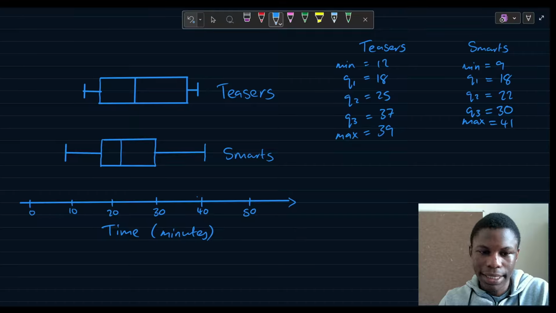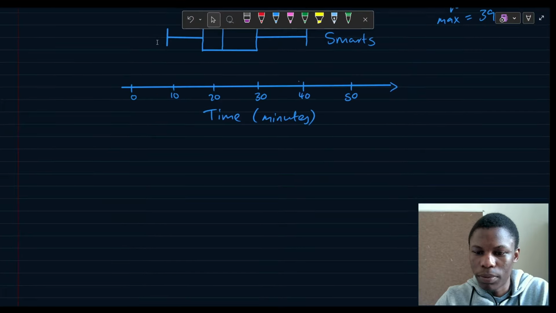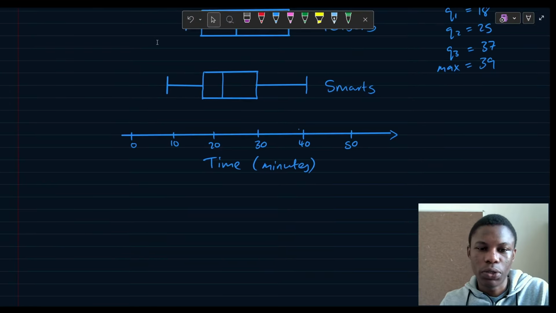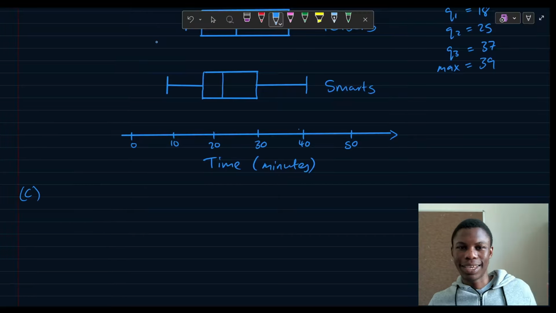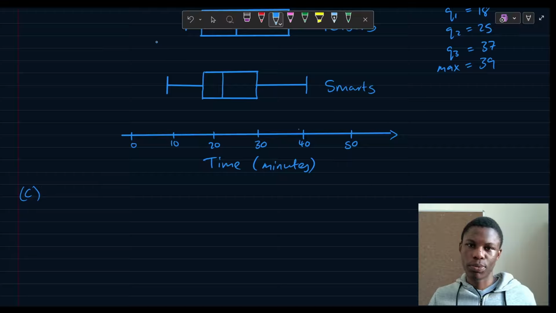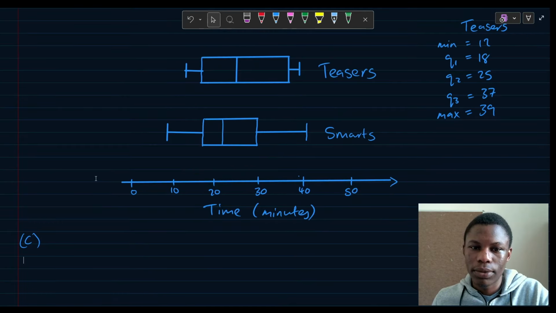Now part C says, make two comparisons between the times for the two teams. When they ask for two comparisons, you need to compare two things: the central tendency, where is most of the data located, and the spread, how spread out is the data. Let's start with the central tendency.